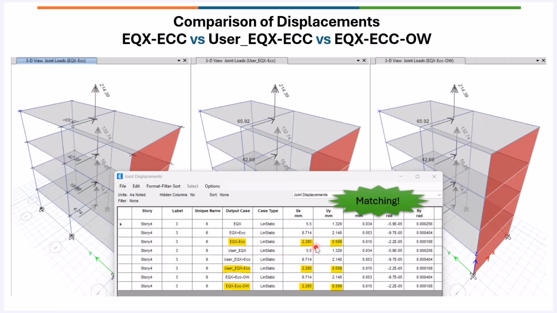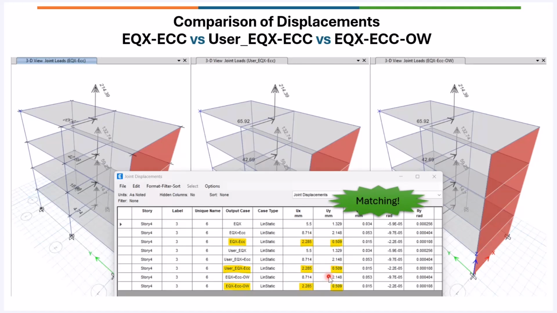You can see 2.285, and for the user 2.285, and with the overrides 2.285. See, this is comparing only the negative highlighted, and you can also see the positive 8.7, 8.7, 8.7.